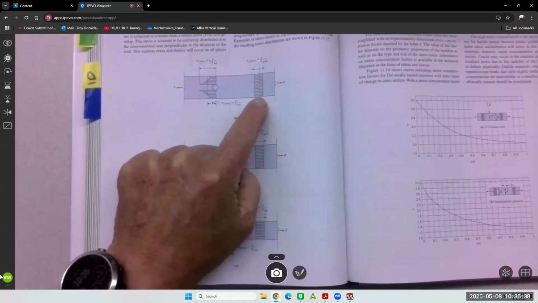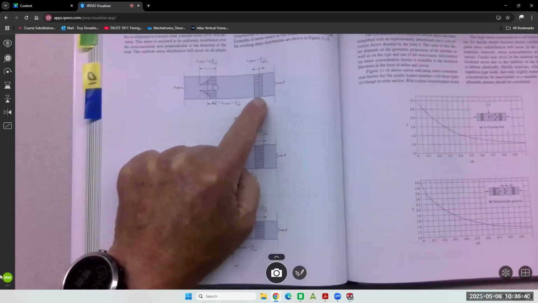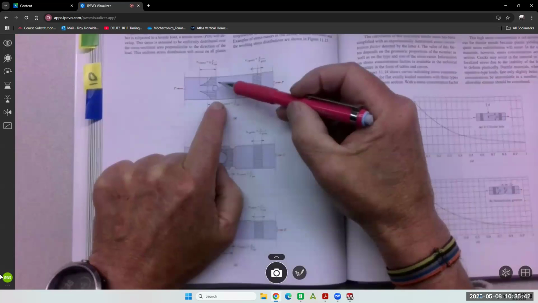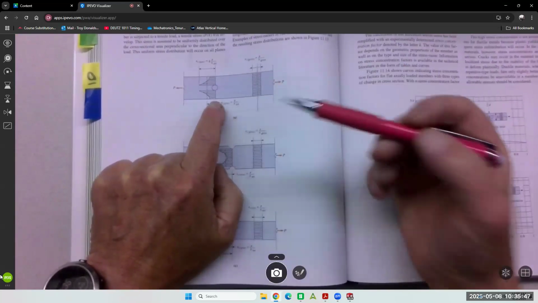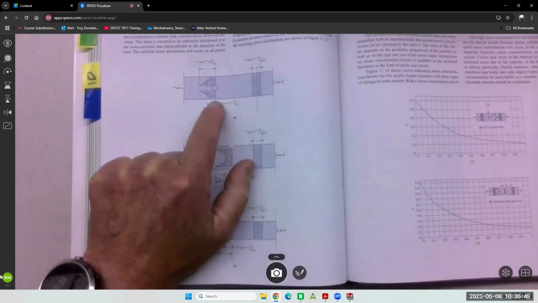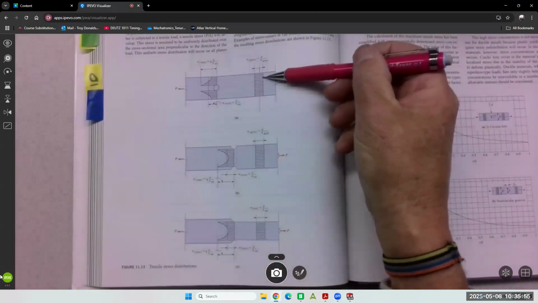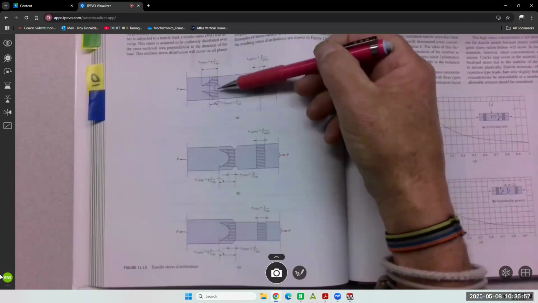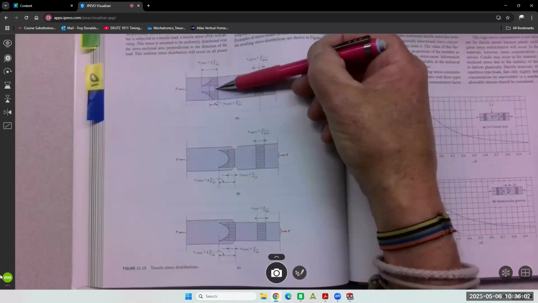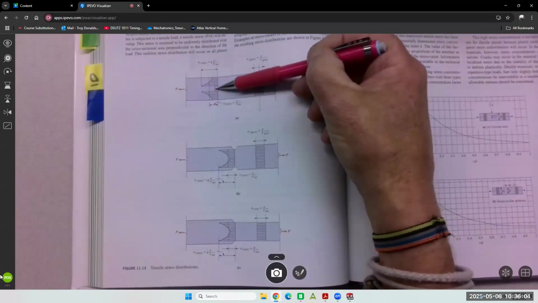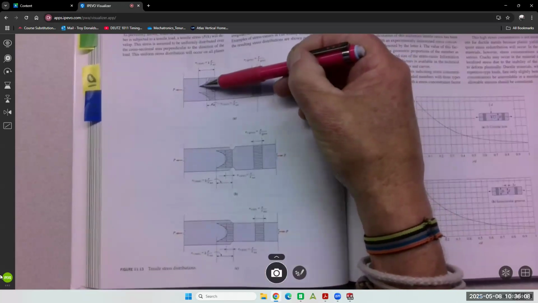That's what we calculate when we calculate P over A. Some of you were thinking about just using this reduced area, and that's called the area net, the leftover area, and that will create a higher stress. If we calculated the stress here with this area gone, the stress would be higher because there's less material to carry the same load, right? That makes sense? But it even goes higher than that.